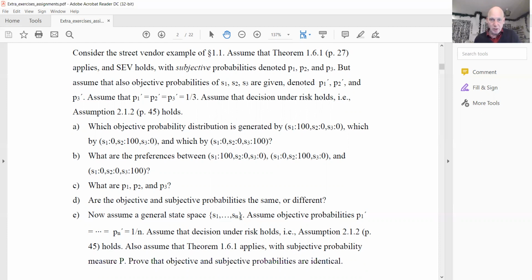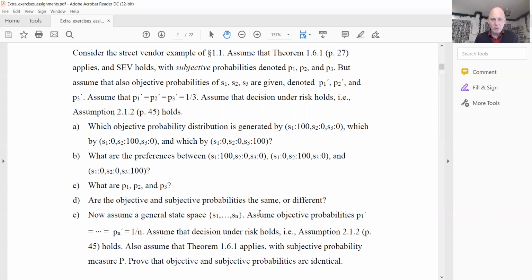By the assumption of decision-making under risk, because they all have the same objective probability distribution, they must all be indifferent. And then we know that preferences maximize subjective expected value. The subjective expected values of those prospects are Pj times 100, and now Pj is a subjective probability. But because they are indifferent, all those expected values must be the same, so Pj times 100 must be the same for all j.